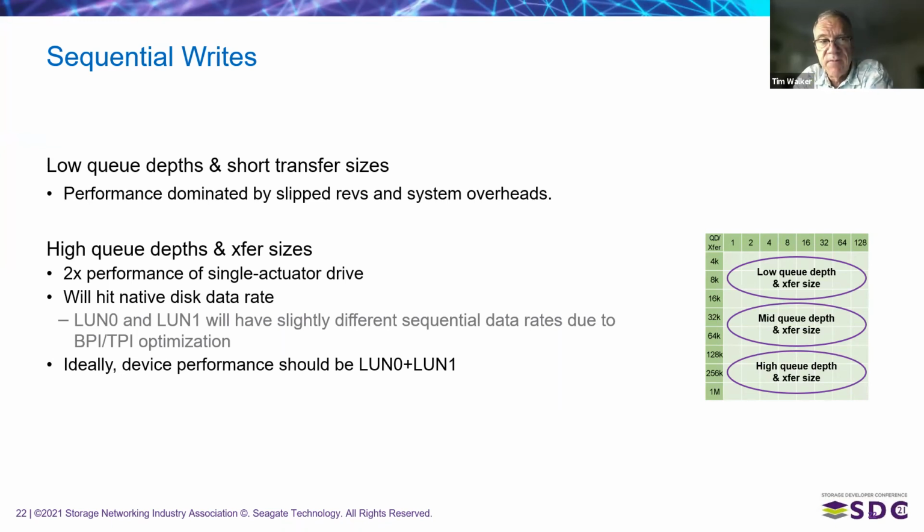So for sequential writes, the performance results we have seen is that at low Q depths and short transfers, our performance is limited by, and this is nothing unusual with this drive, the command turnaround from command to command, and just overhead in our system and on the host.